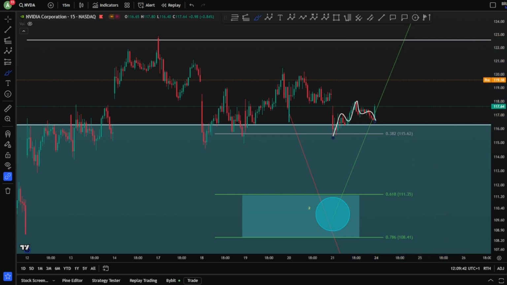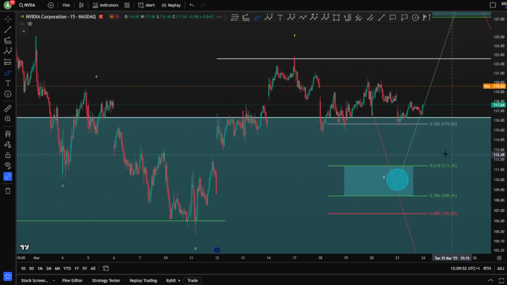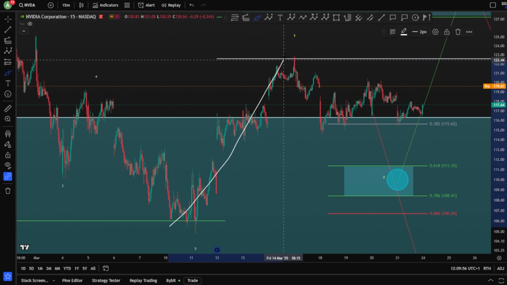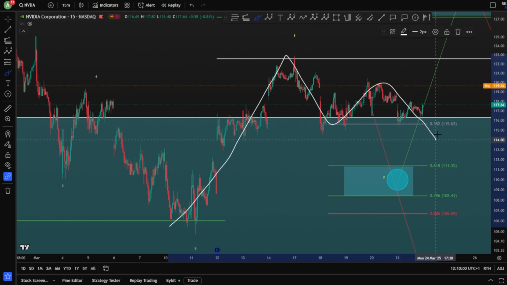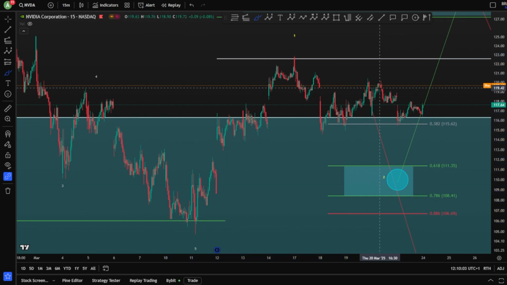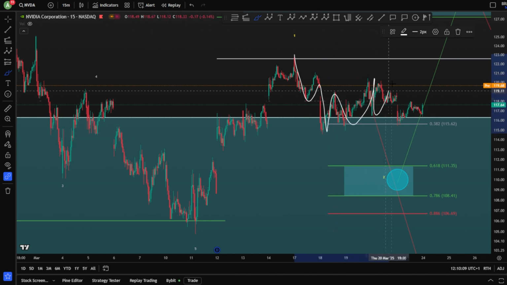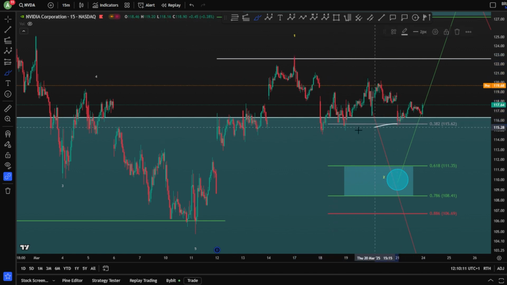Even after this wave 1 it can be a finished corrective channel, so we have to be careful, guys. 3 waves down, 3 waves up, 3 waves down, finishing without taking the low.